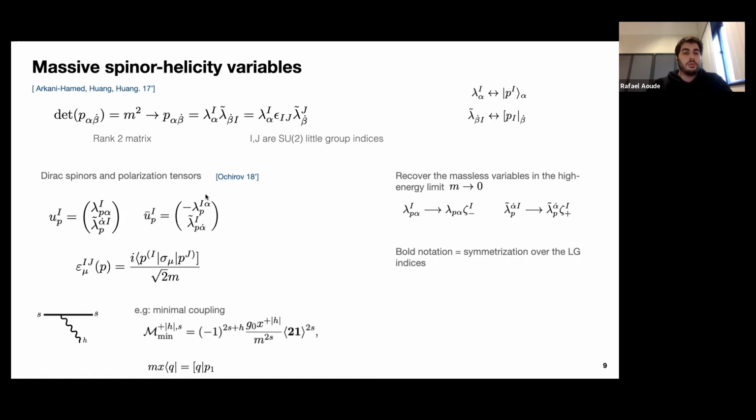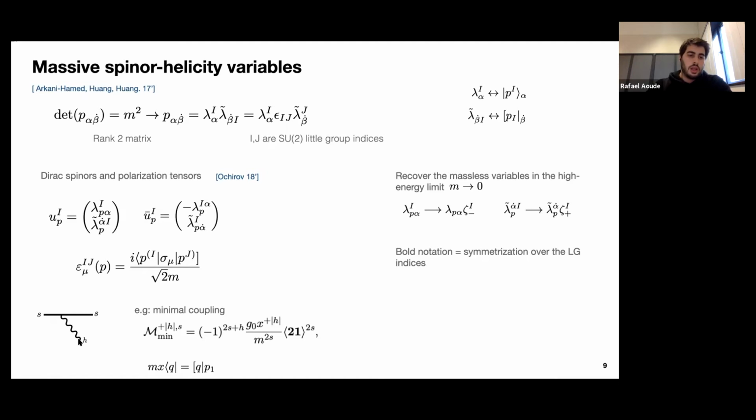With such variables, you can then write your Dirac spinors and your polarization tensors for higher spins. So your Dirac spinor has the lambda and lambda tilde inside it, and there's a lot of information that you can recover when you take the massless or the high energy limit of these variables, because you should recover the massless spinor-helicity variables.